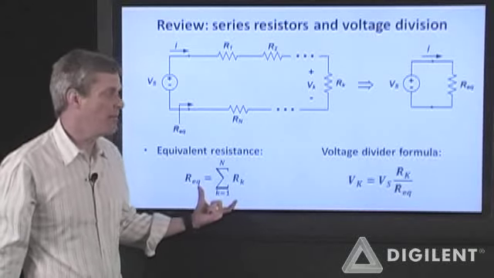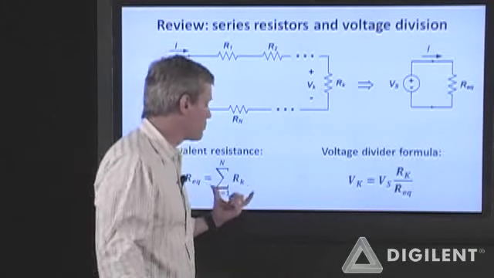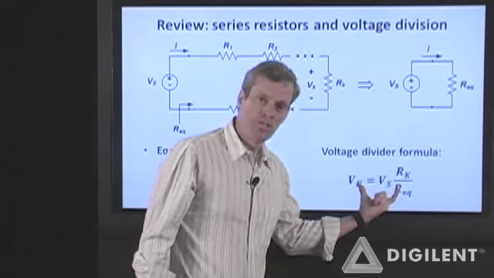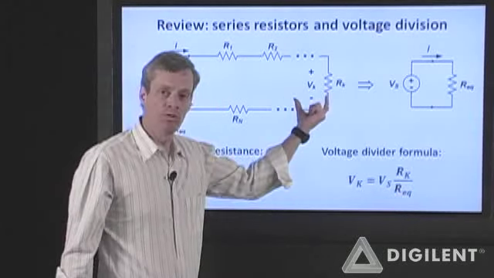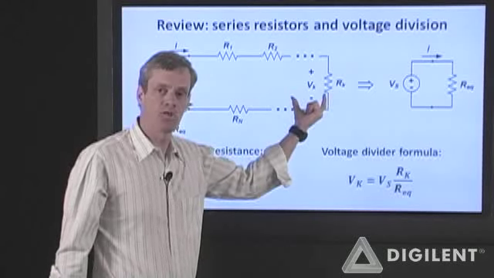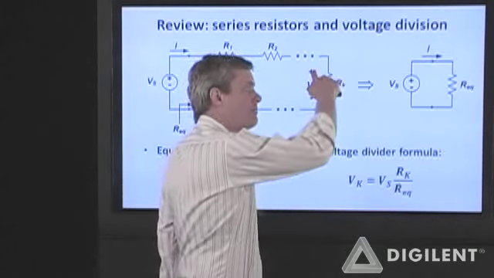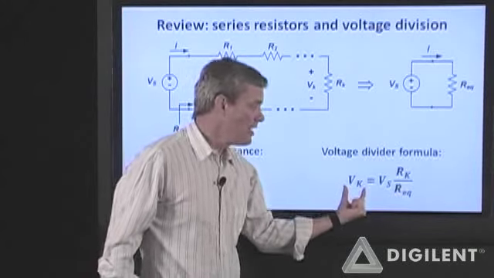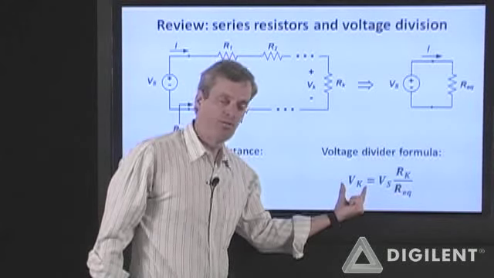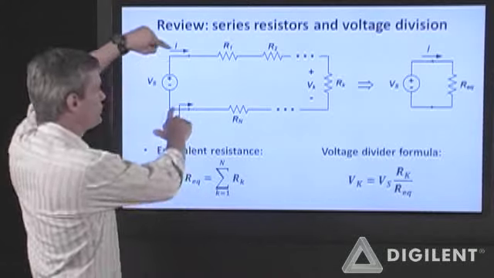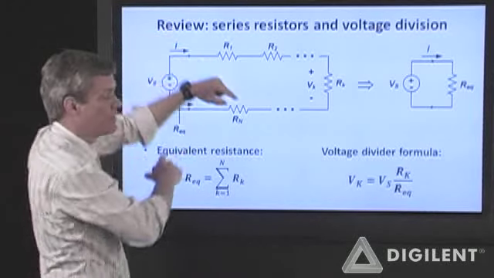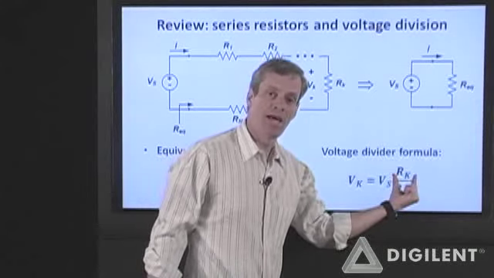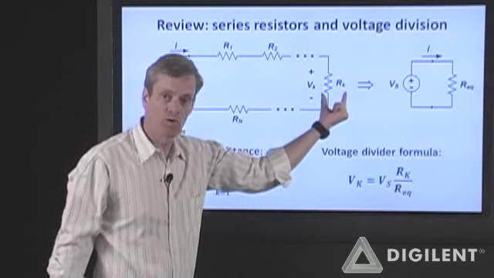Just add them up. Now, once we've done this, we can also use a voltage divider formula to find the voltage drop across any individual resistance. For example, if I'm interested in the voltage drop across the resistor R sub K, the voltage drop across that resistor V sub K is just the total voltage drop across this combination divided by the equivalent resistance and multiplied by this individual resistance.